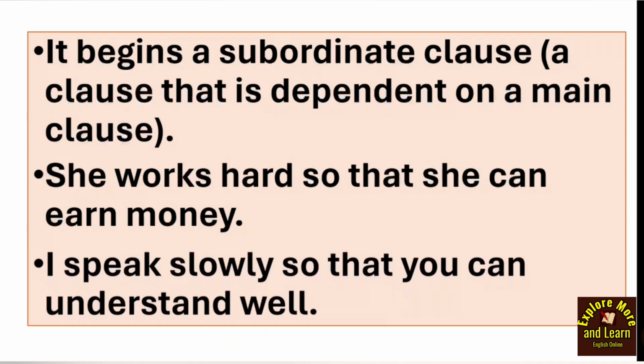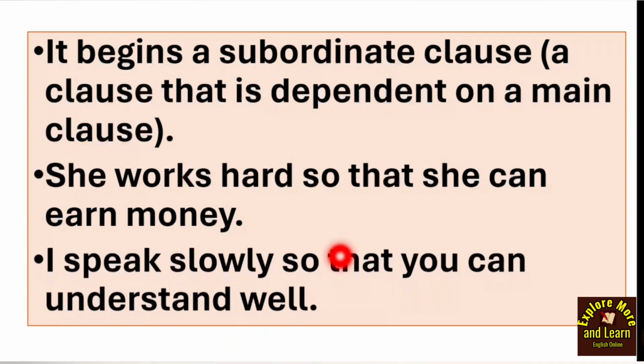Why? So that you can understand well. So this is the conjunction which is starting this subordinate clause. And you notice one thing, that this conjunction is not preceded by a comma here. Alright, so in this way, this was all about so and so that.